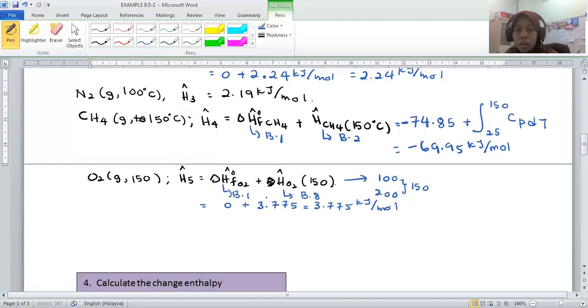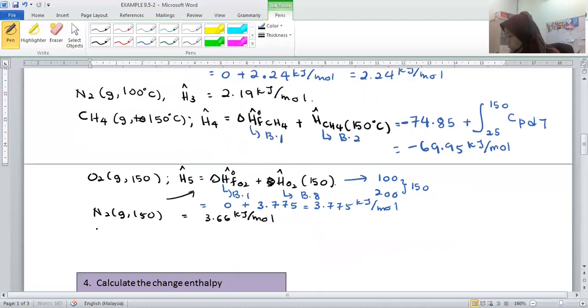It's quite long, the calculation. It's simple but repetition of calculation for all components. So we also have nitrogen gas at 150 degrees using a similar method as above. You get the answer 3.66 kilojoule per mole.